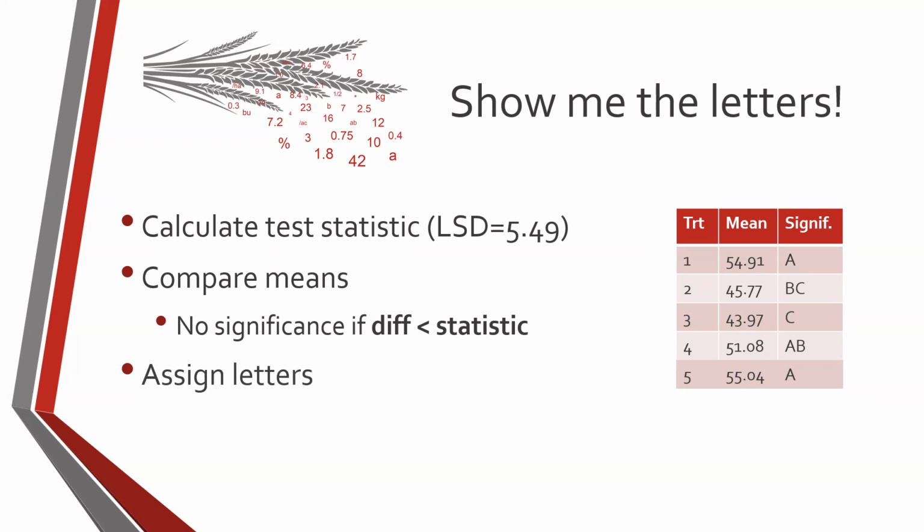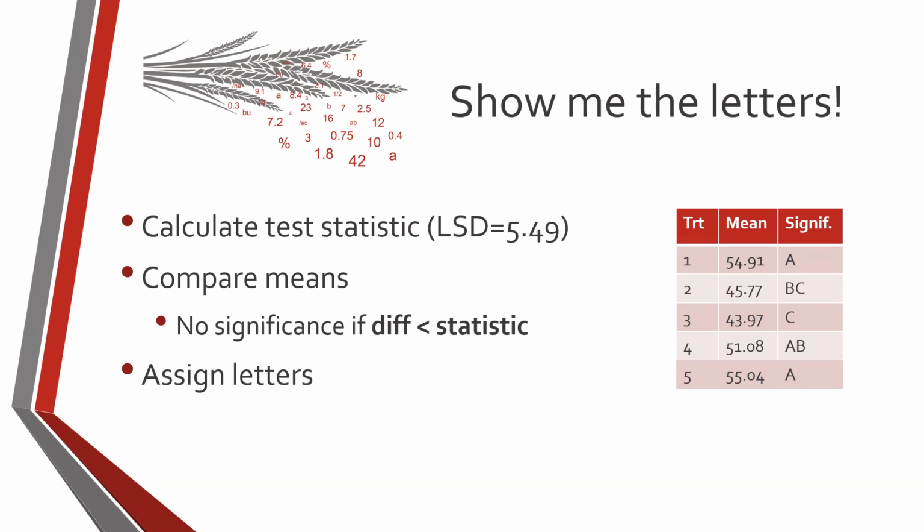Letters are then assigned such that means with no letter in common are significantly different according to the test. So here in our example to the right, we can say that there is evidence that treatments 2 and 5 differ because there is no letter in common, but there is no evidence of a difference between treatments 4 and 5. They both have the letter A.